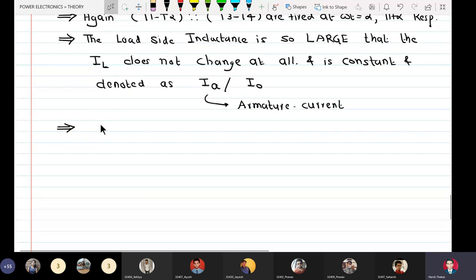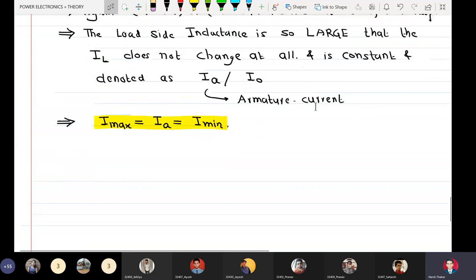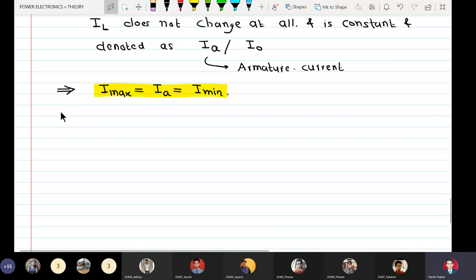Imax is equal to IA equal to Imin. There is no ripple here now. That is why we say that IL is continuous and ripple free.